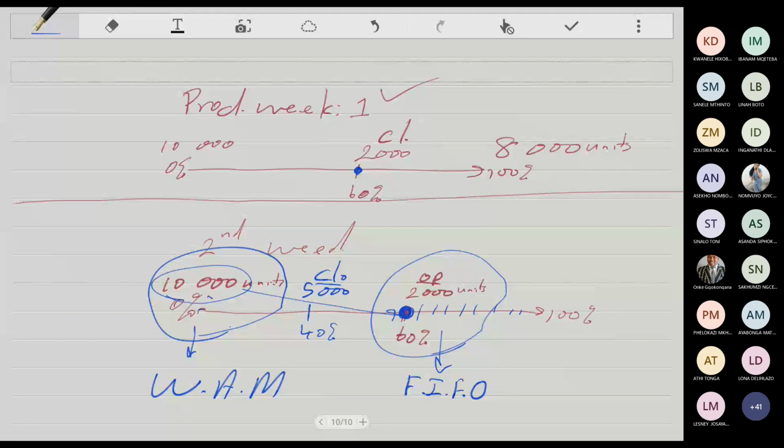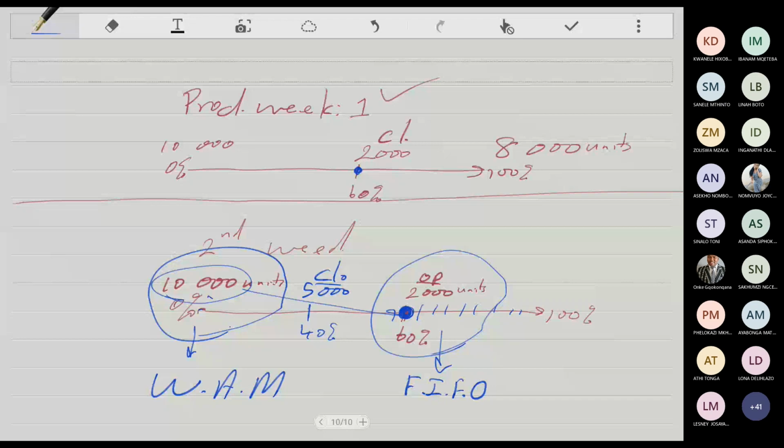We are not going to reverse the 60% that we've already done back to 0%. No, we'll just carry on and complete the remaining percentage of that 2,000 units, which is your 40%.